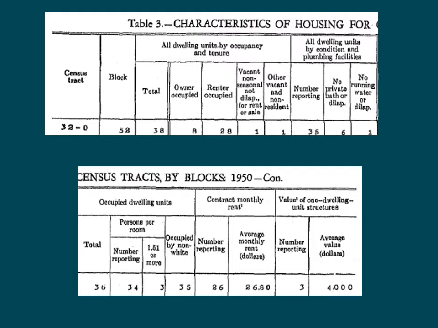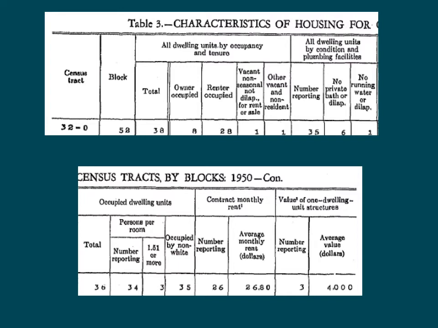They only reported 35 of the units. 6 of them had no private bath, or it was considered dilapidated, and the instructions of the enumerators with pictures are what is a dilapidated unit, what is not. One of them has no running water, but that could have been the one up for rent where they stopped the water. I mean, that may not mean anything.